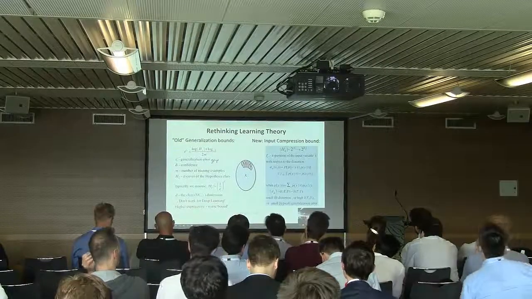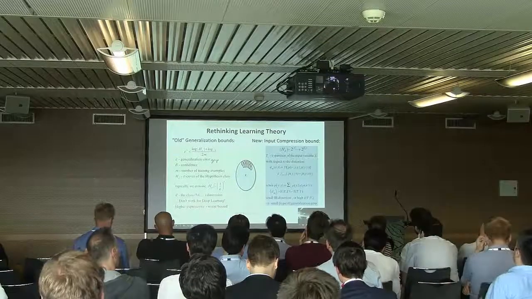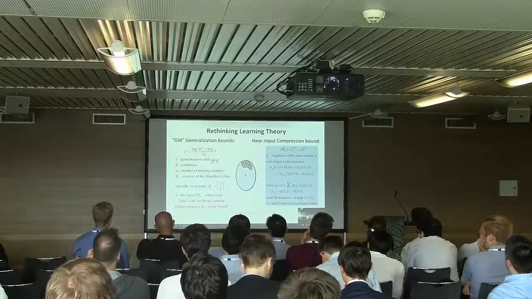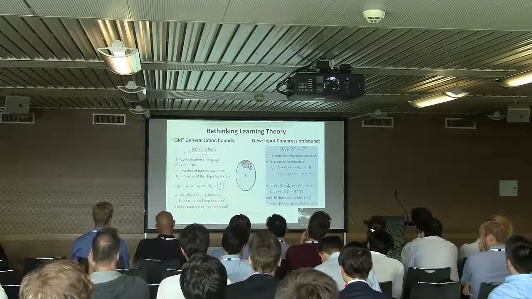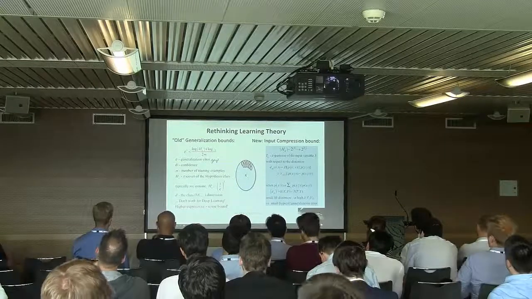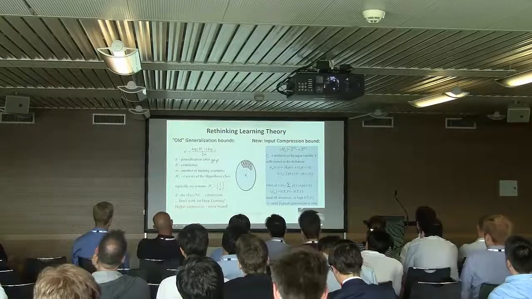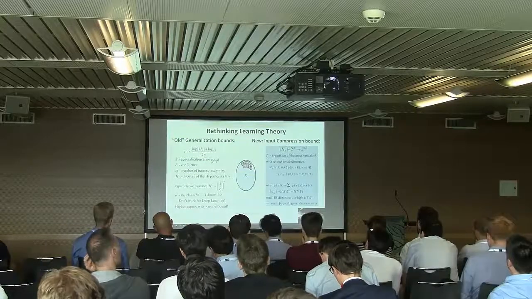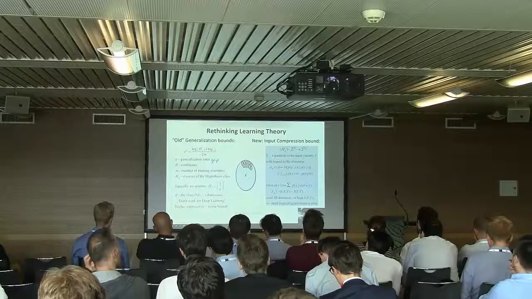I get numbers in the orders of billions here, and here I have orders of hundreds of thousands, and according to these bounds, neural networks should not work. They should overfit or should not generalize. And this is actually the right answer to your question. Machine learning is beyond overfitting. It's beyond just curve fitting.